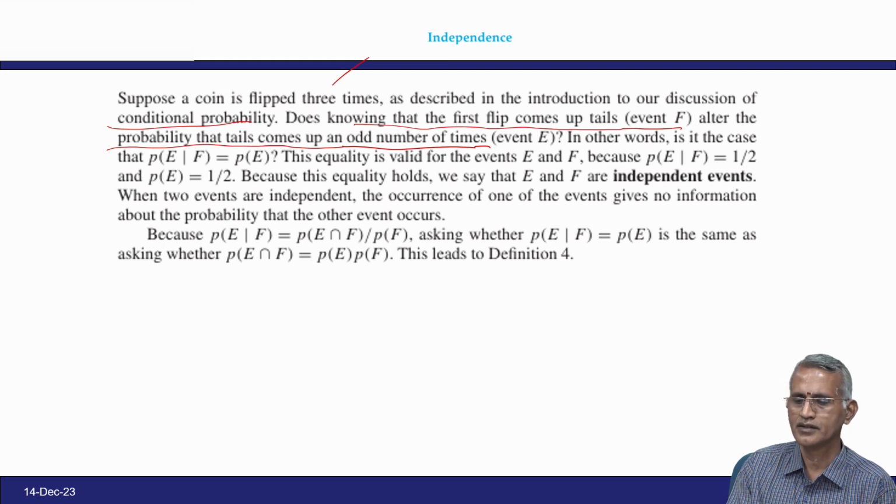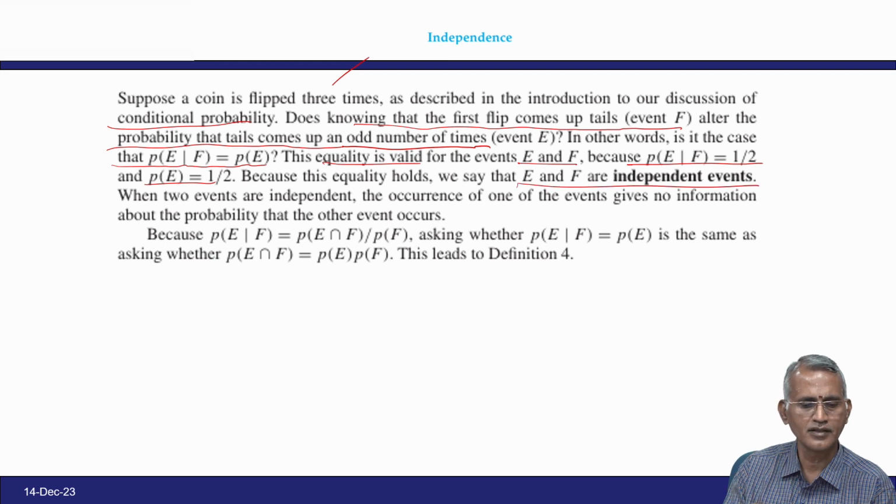In other words, is it the case that probability of E given F equals P of E? This equality is valid for the events E and F, because probability of E given F equals 1 by 2 and probability of E equals 1 by 2. Because this equality holds, we say that E and F are independent events.